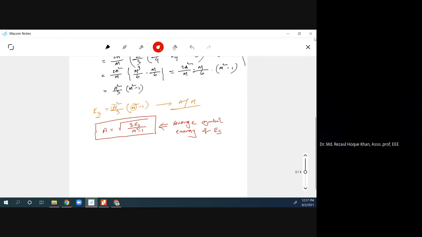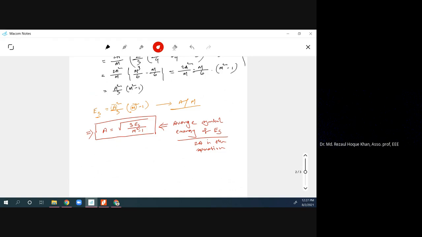This is the value of A, so A ensures the average. This expression is a fixed symbol energy. Here, assume twice A is the separation, the separation of the constellation or the various levels.